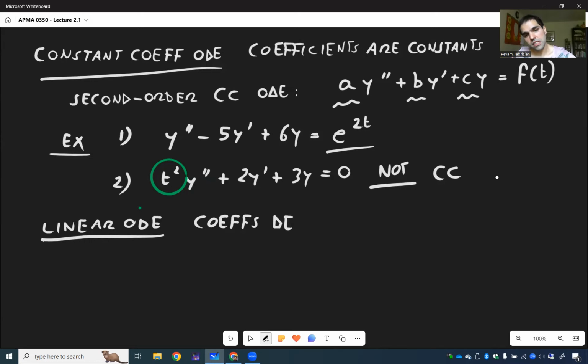So once again, a second order linear differential equation.